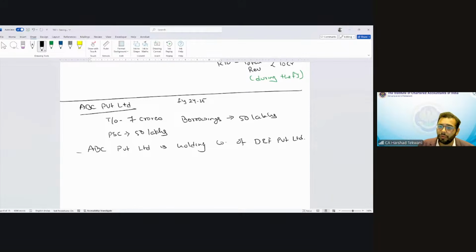So in this scenario, tell me which exemption will be applicable. Which exemption will be applicable? Anyone? First one will not be applicable, sir, because it is a holding company.